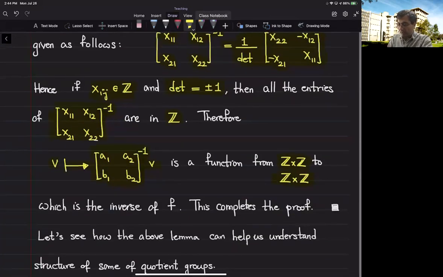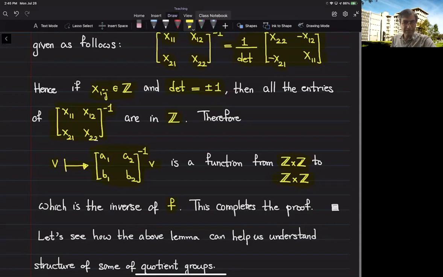Now, knowing that this function sends Z cross Z to Z cross Z, one can see that it is a group homomorphism. This is in fact the inverse of the function f, because f multiplies by this matrix without the inverse, and this function multiplies by the inverse of that. So if I apply one after another, the inverse cancels out the matrix that they started with.